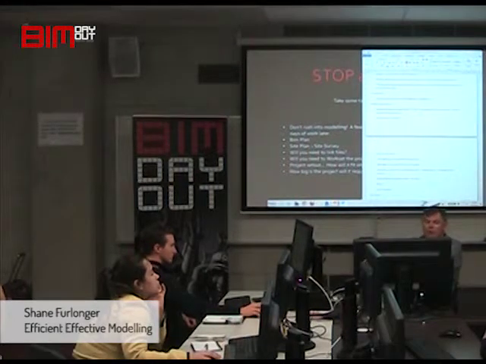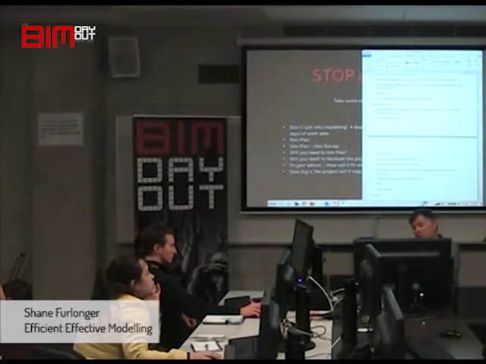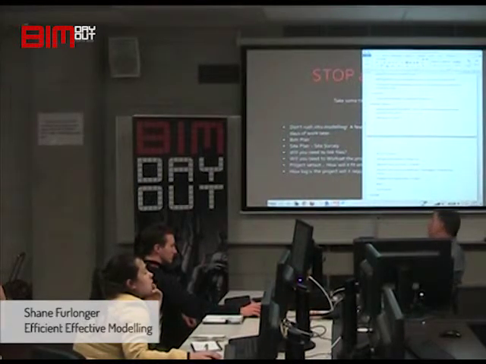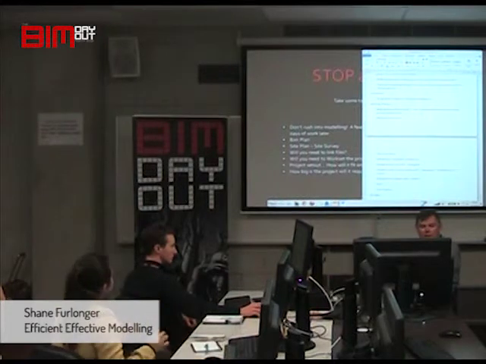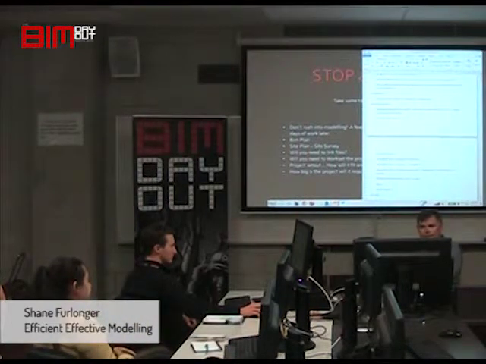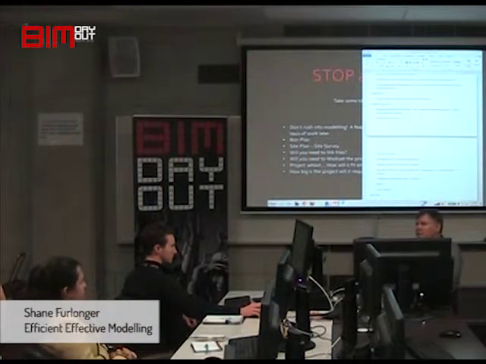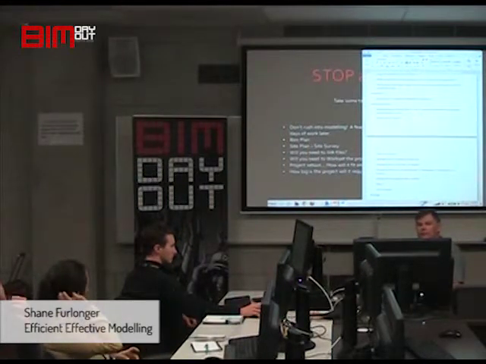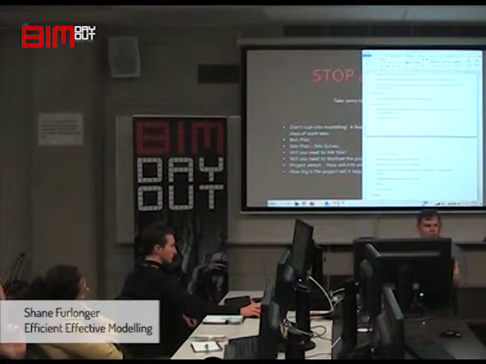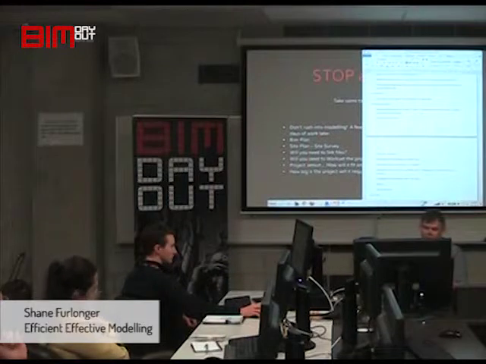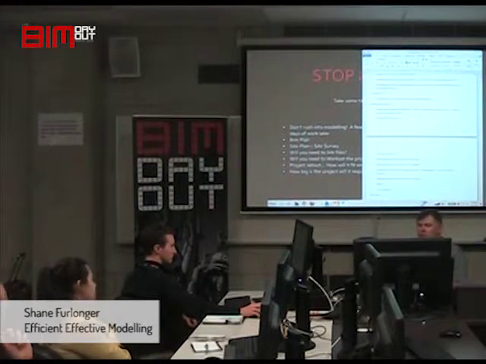So, my number 2 rule is don't be sloppy when you're modelling. If you're sloppy, if you just throw things together, when it comes to doing your documentation, you're just going to have nothing but problems. And likelihood is you'll have to end up doing fill regions and 2D line work and all other sorts of workarounds.